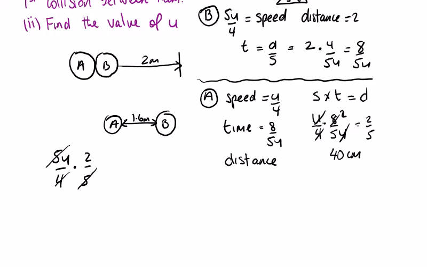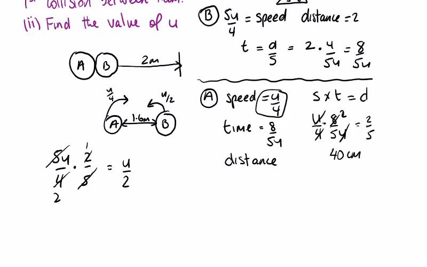So what do we end up with here? u over 2 for B's rebound speed. So now we have B going in this direction at a speed of u over 2. And we have A going in this direction at a speed of u over 4.